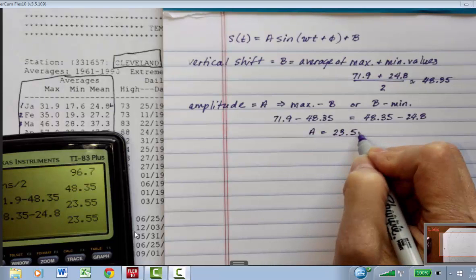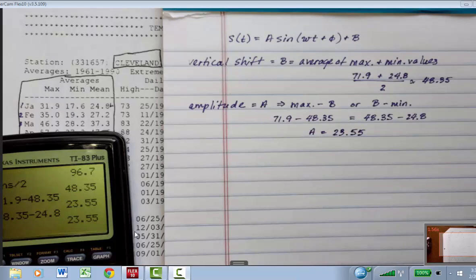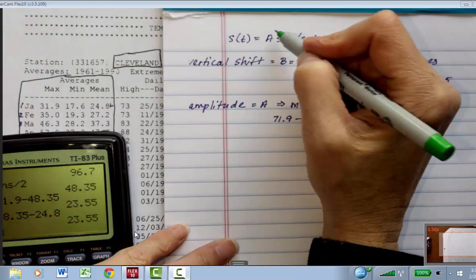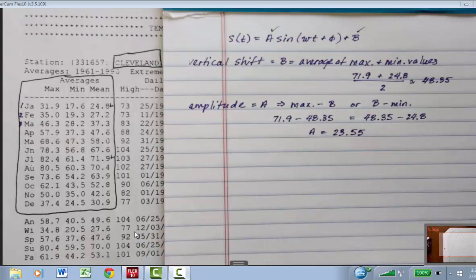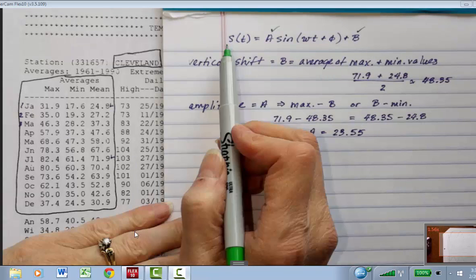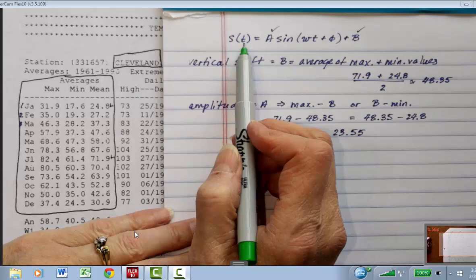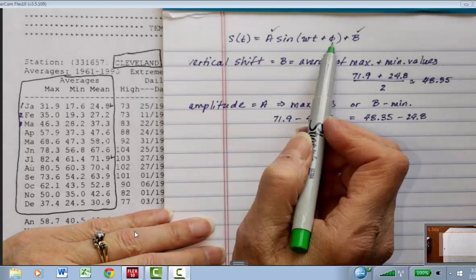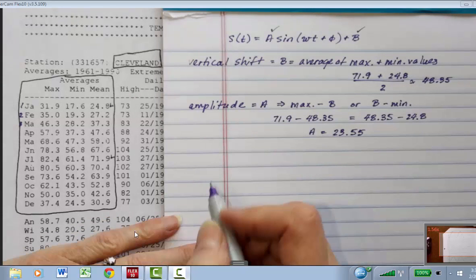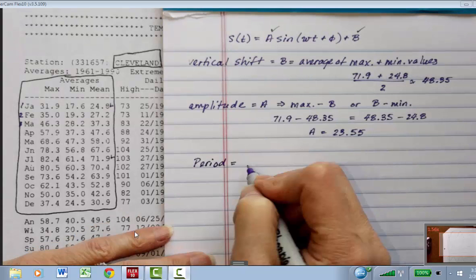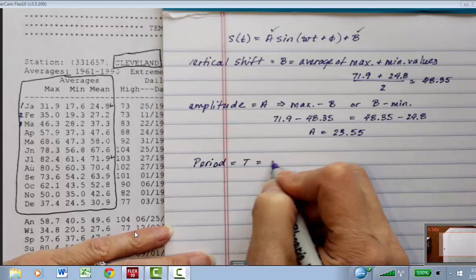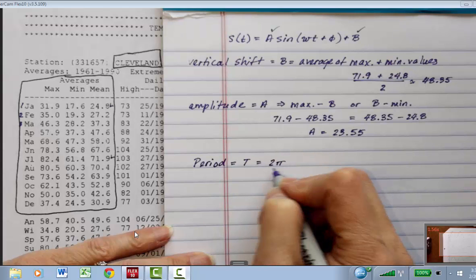23.55. So now looking at my equation, I know my B, I know my A, I need to find a few more things. And remember, this is a sinusoidal function in relationship to t, so we're not going to find the t value, but we need to find our omega and our phi. Well, remember your omega is determined by your period. So your period is T, and that's equal to 2 pi over your omega.